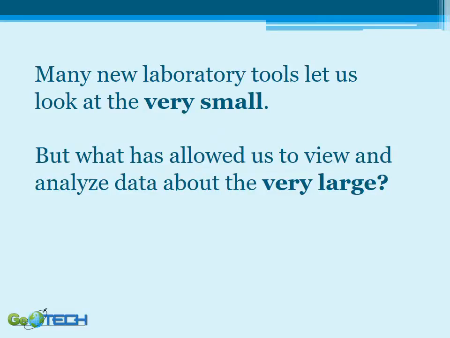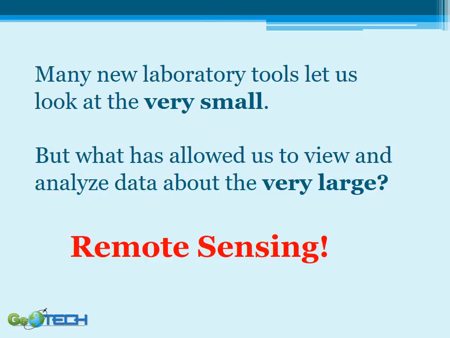You know, many new laboratory tools let us look at the very small, and I'm not going to really talk about those very much. What I'm going to do is talk about those that allow us to view and analyze data from the very large, okay? And this is remote sensing.